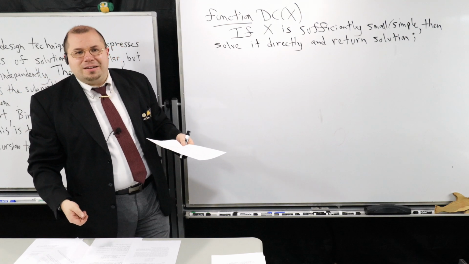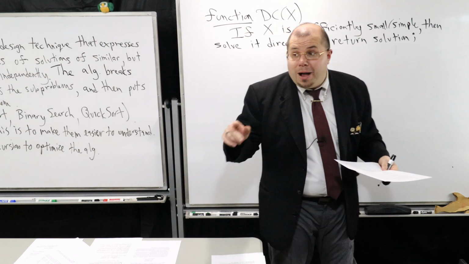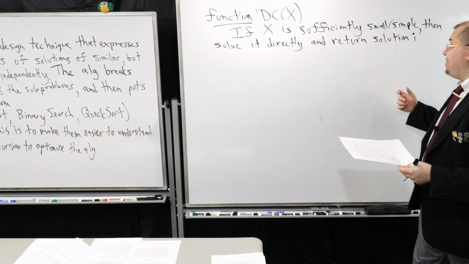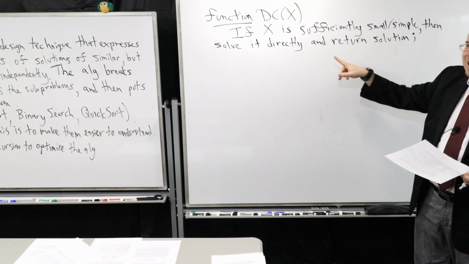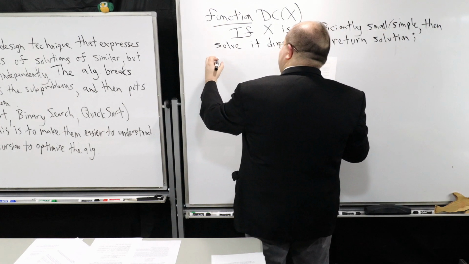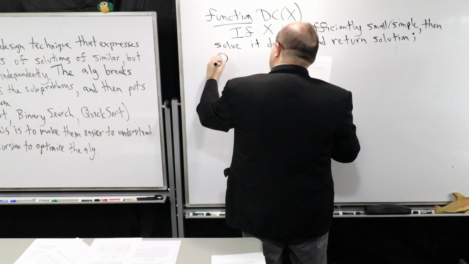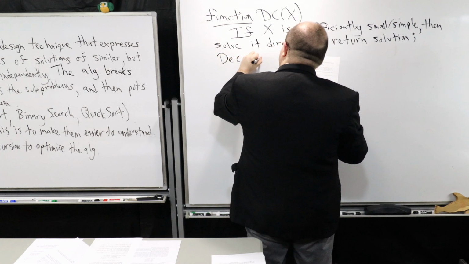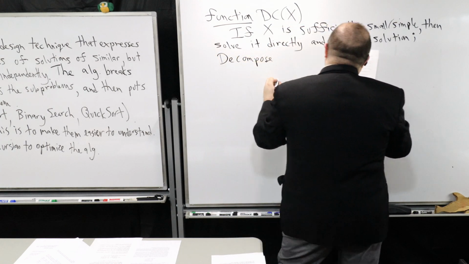The very basic comparison-based sorting algorithms perform quite well on small instances. You could do that right here. So that's the first step. If it's small enough, just solve it directly.